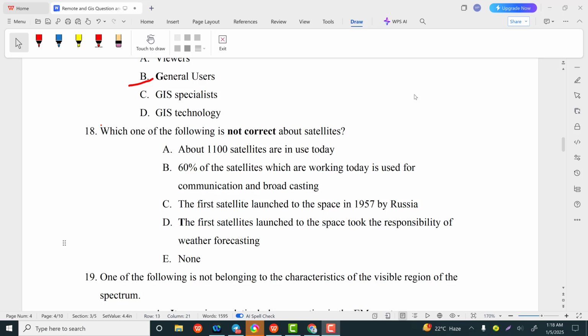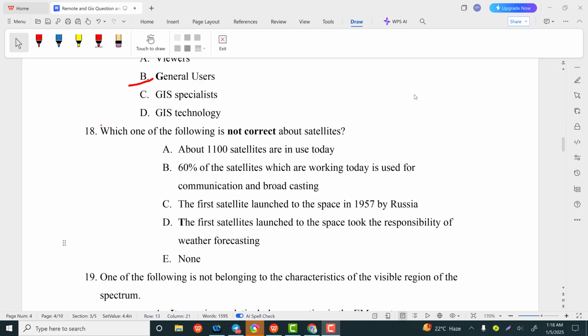B, 60% of satellites which are working today are in use for communication and broadcasting. This is also true. C, the first satellite launched to space in 1957 by Russia. This is true. The Soviet Union launched Sputnik 1 on October 4, 1957, marking the beginning of the space age.